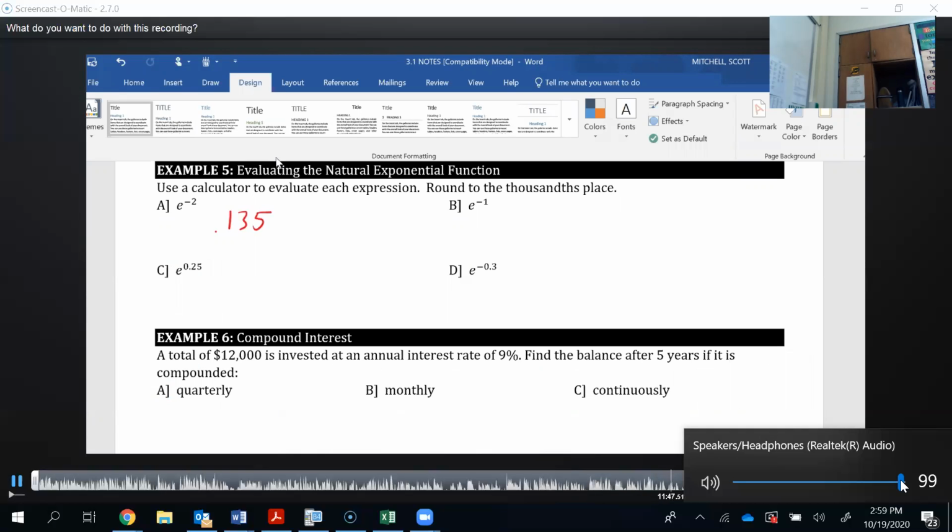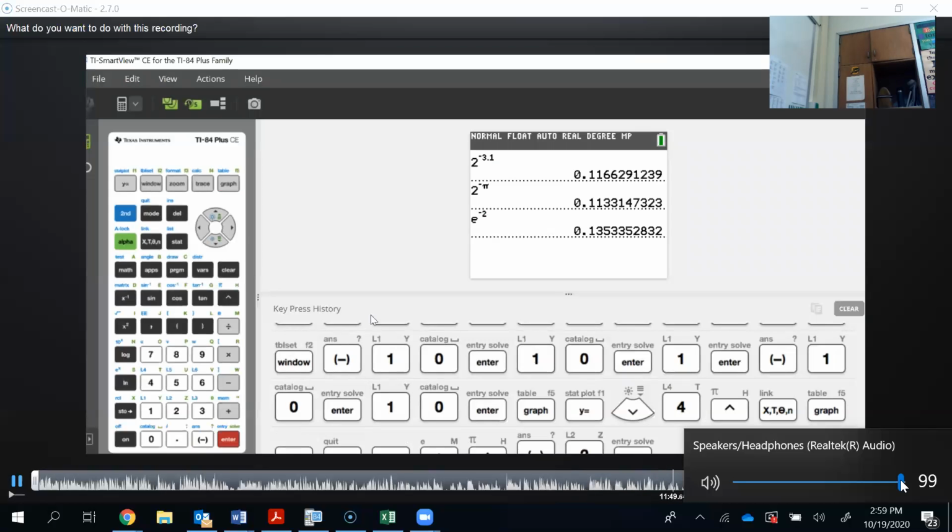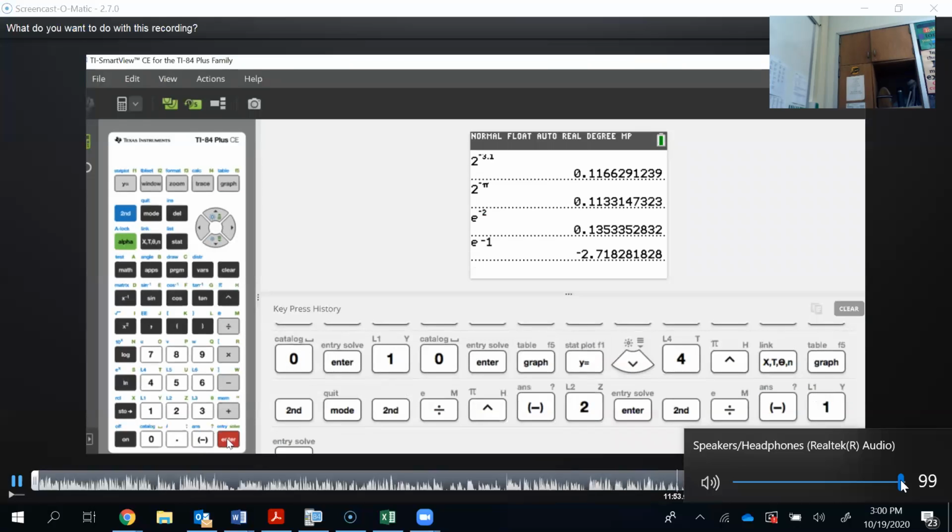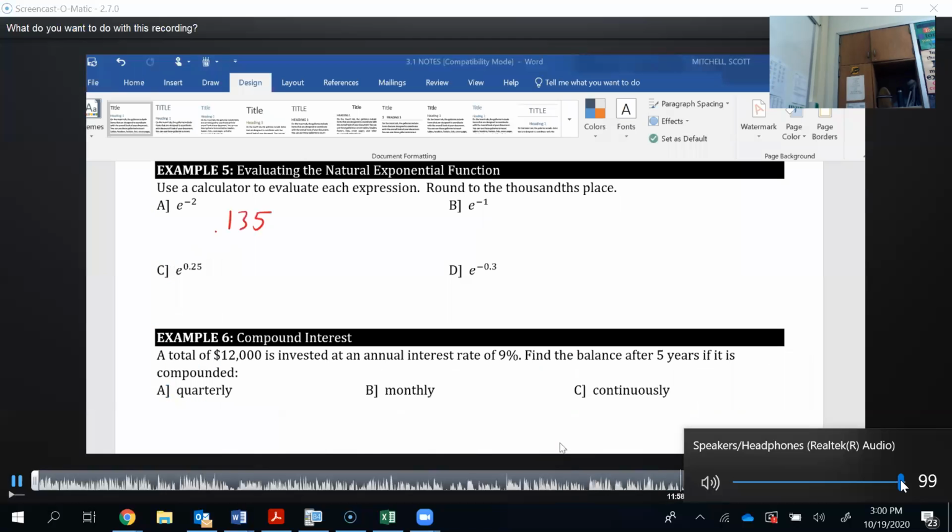0.135. E to the -1. Again, these are calculator questions, so just need to do them that way. -0.2718. -2.178. E to the 0.25.